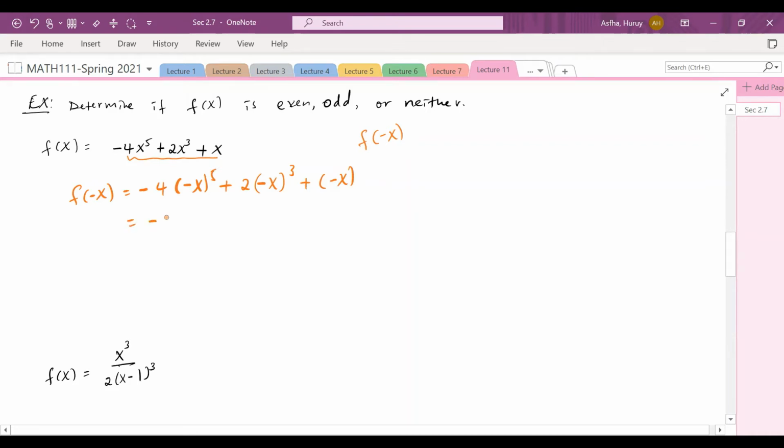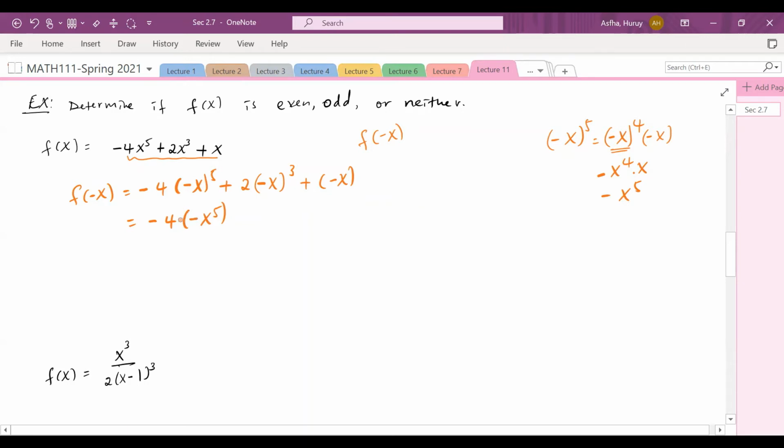Here I have -4, and (-x) to the power of 5 is (-x) to the power of 4 times (-x), right? This is positive. And -x, you can take out the negative, so I have x. Therefore, this is just -x to the power of 5.